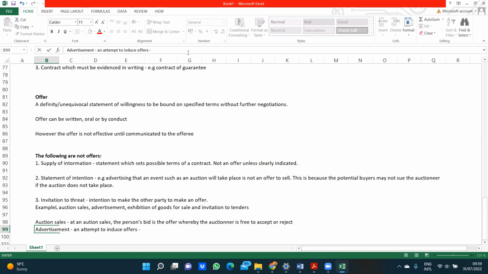And another thing as well is circulation of a price list, which is also an invitation to treat.